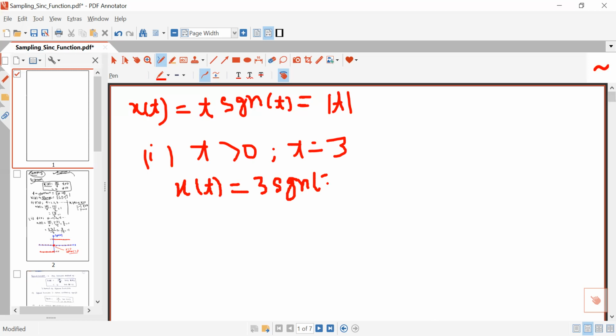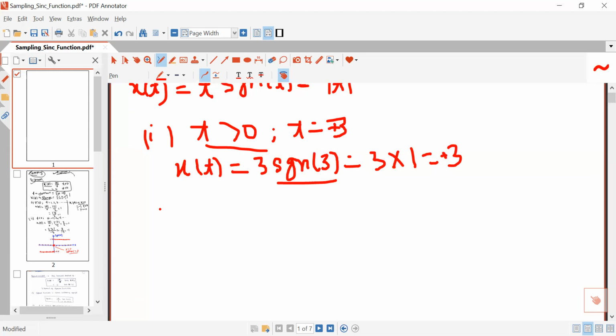And as you know, when t is greater than 0, the signum function will be equal to +1. So this is 3 into 1. So this become equal to 3. So you can see here, when t is plus or greater than 0, the answer is also plus.